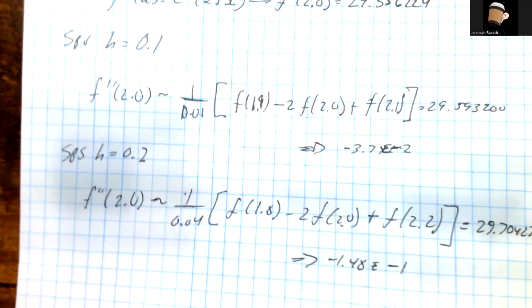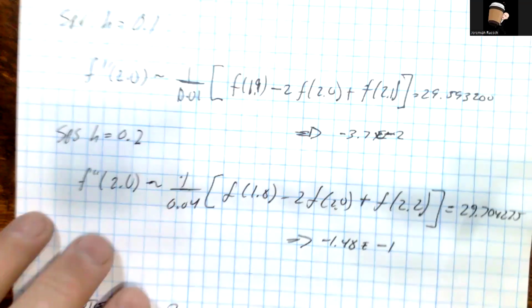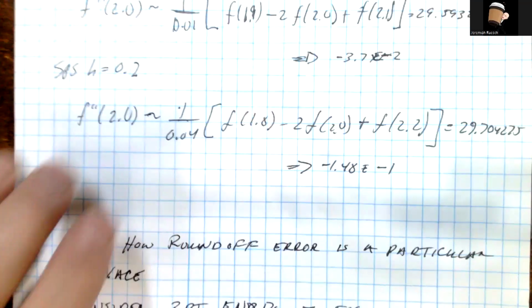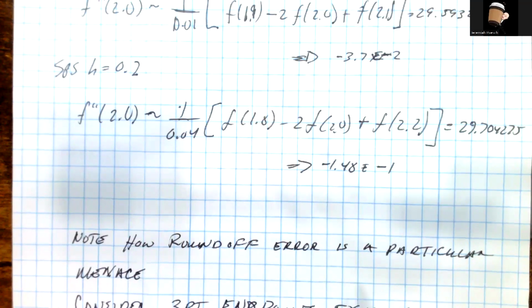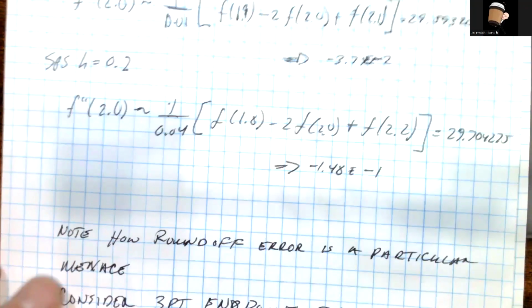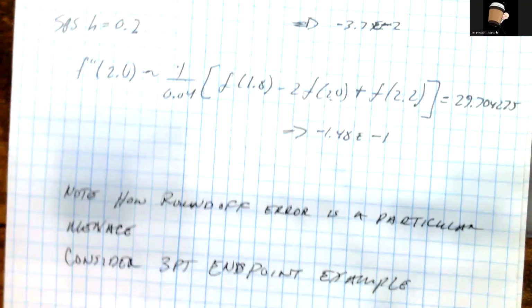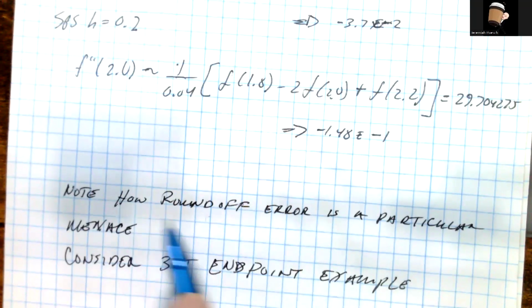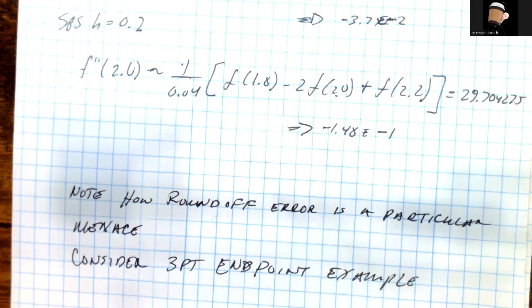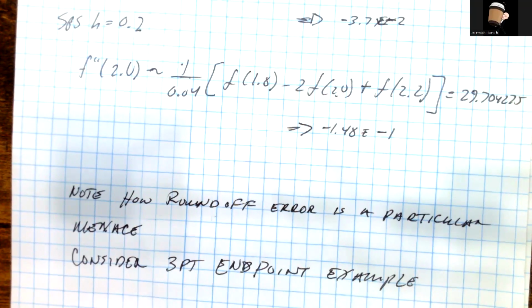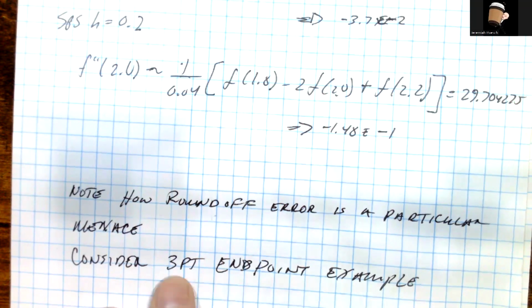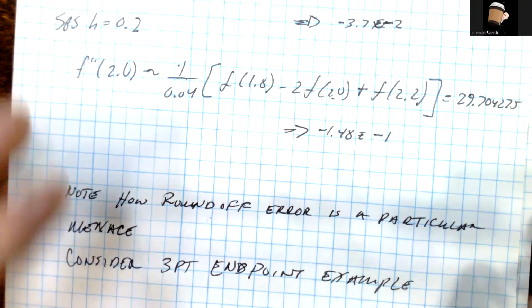We have these competing factors that we need to attribute when we're computing these higher order derivatives. And so we have this competition that really plays out, and round off error is a particular menace for us as we get to higher order derivatives. So let's explore this idea and consider the 3-point example.